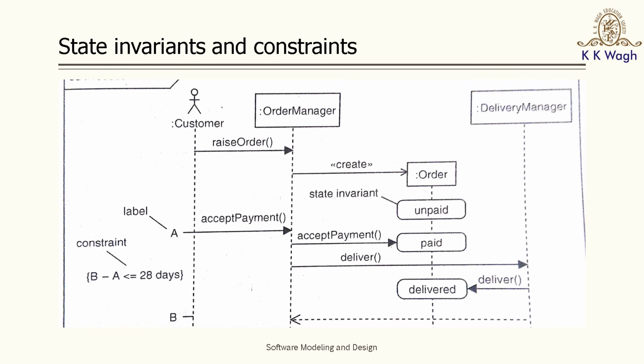In formal language, the order should be delivered no more than 28 days after payment has been received. That's why it is denoted in curly braces that B minus A should be less than or equal to 28 days. So this is all about state invariants and constraints used in a sequence diagram.